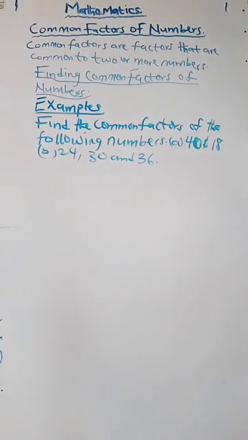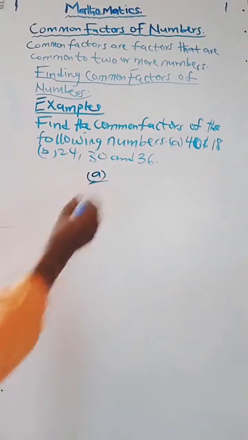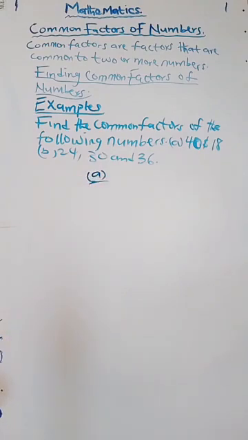Now let's start with the first one, A. We want to look at the common factors between 40 and 18.